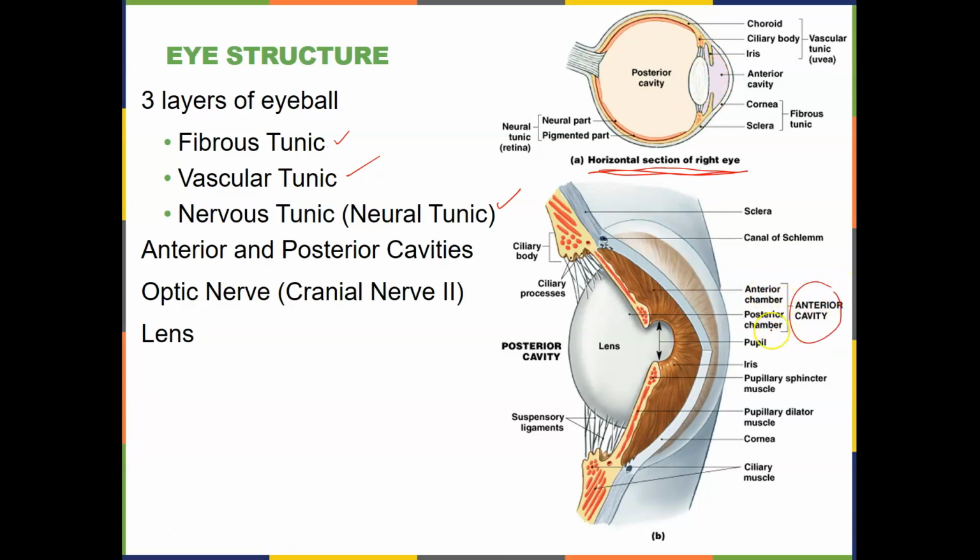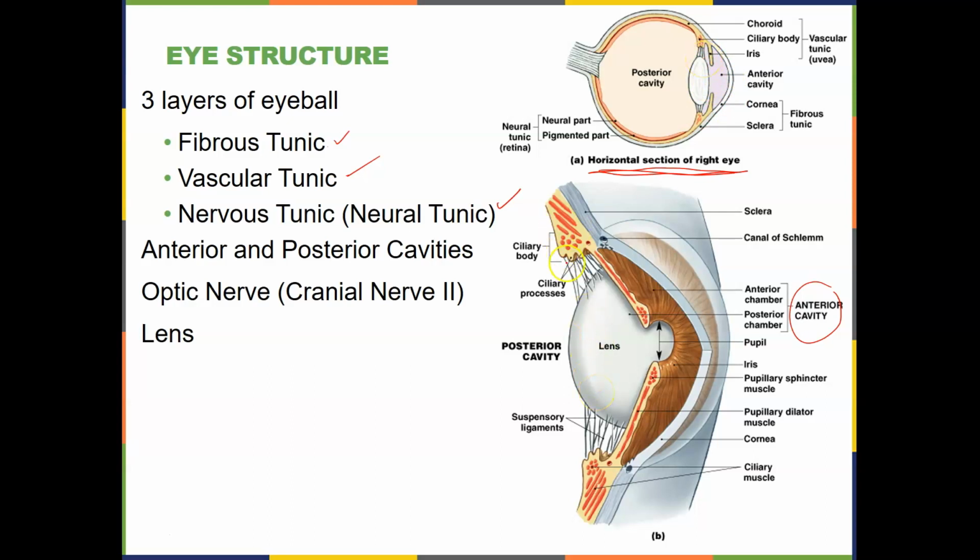So you have chambers and cavities, guys. Don't confuse them. Posterior cavity, anterior chamber of the anterior cavity, posterior chamber of the anterior cavity, and then you have the lens.